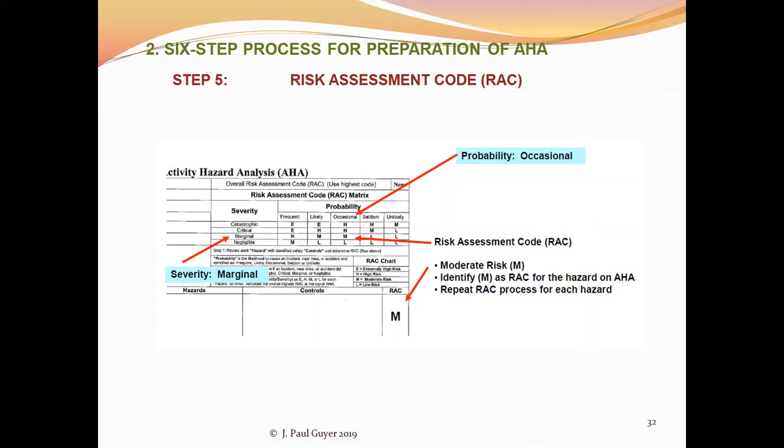This little color-coded system is sufficiently definitive, but sufficiently general that people can grasp it easily. It's a combination of severity and probability, and you end up using this table to identify the risk assessment code as E, H, L, M, L, and then the color code that is used.